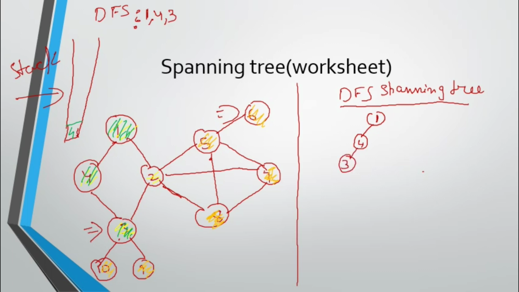Now from 3 I have 10 and 9. Let me visit 10. So remember, 1 to 4, from 4 you have gone to 3. Remember that. Update your stack, otherwise your output will be wrong. So 1, 4 and 3. After that, from 3 you are going to 10.